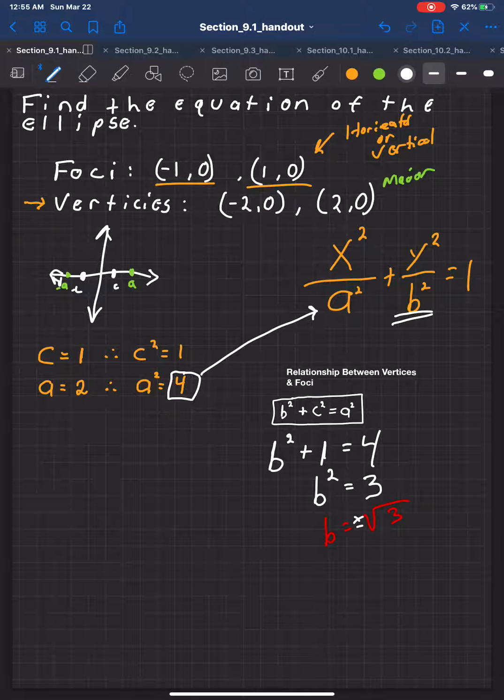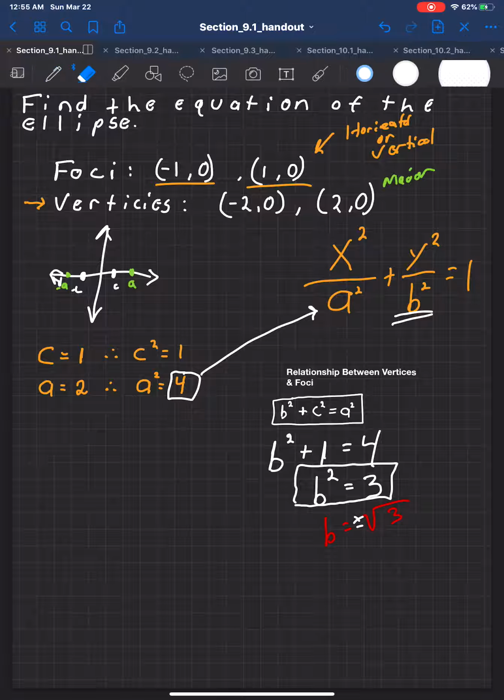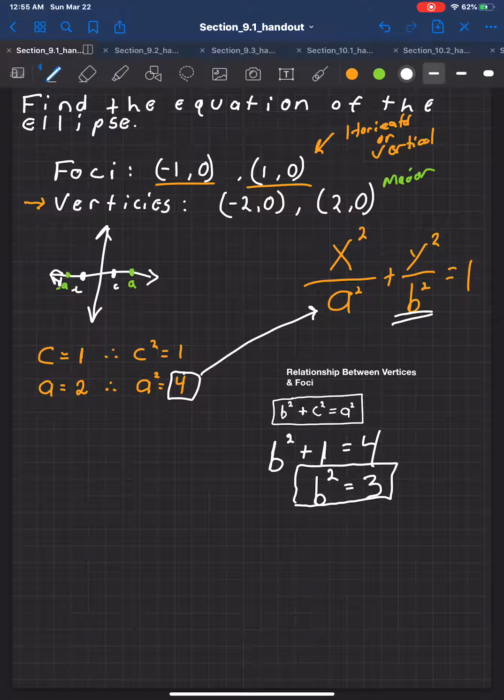We want b squared. Don't you see that we had b squared at this step right here? Going a step farther to find b is okay as long as you still write it as plus or minus the square root of 3, right? That's okay, but we were done at this step right here.